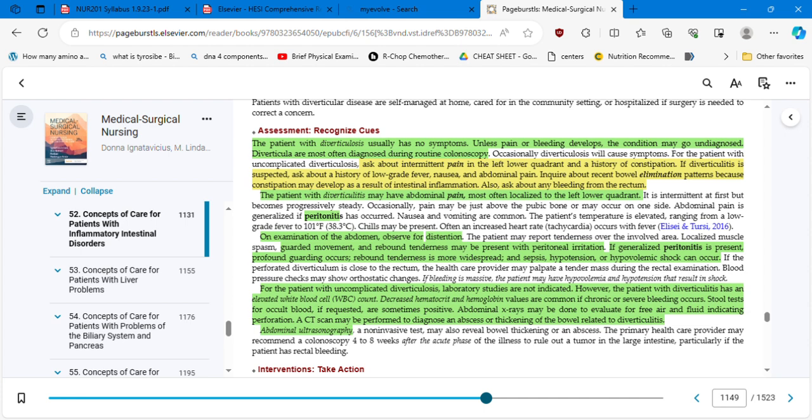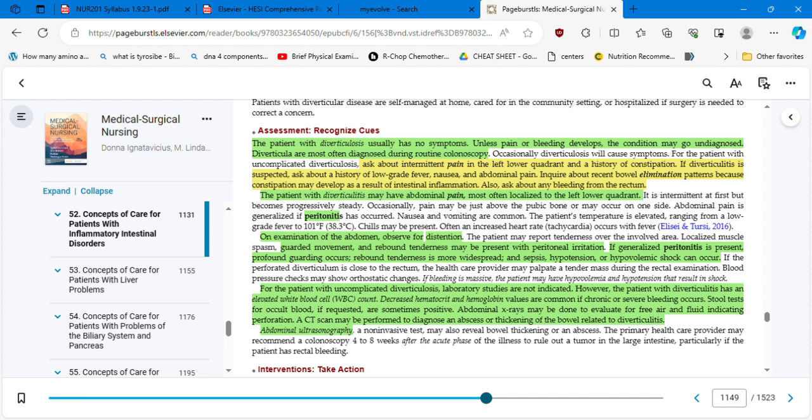If the patient is telling me that she feels like she needs to go for a bowel movement, but after having the bowel movement, she's still having the sensation that more content is inside, you have to pay attention because probably there is a constipation developing. Okay, so pay attention to that.